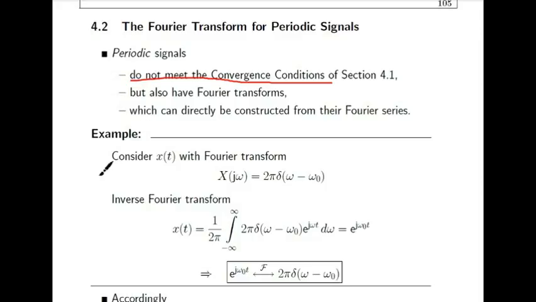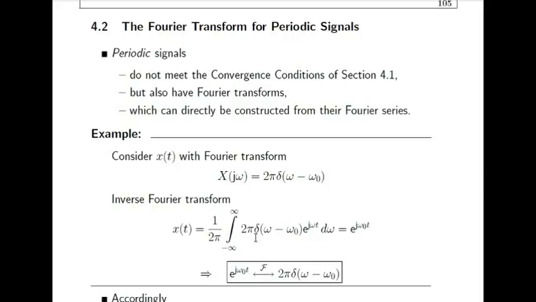Considering one example, where x(t) is our original signal and its Fourier transform is 2 pi delta(omega minus omega naught). If I want to find the signal x(t), I have to take the inverse Fourier transform. So it will be 1 upon 2 pi, integration from minus infinity to infinity, 2 pi delta(omega minus omega naught) e to the power j omega t d omega.